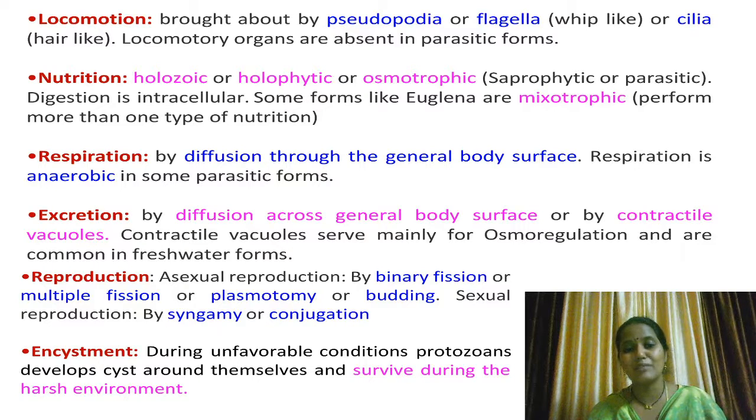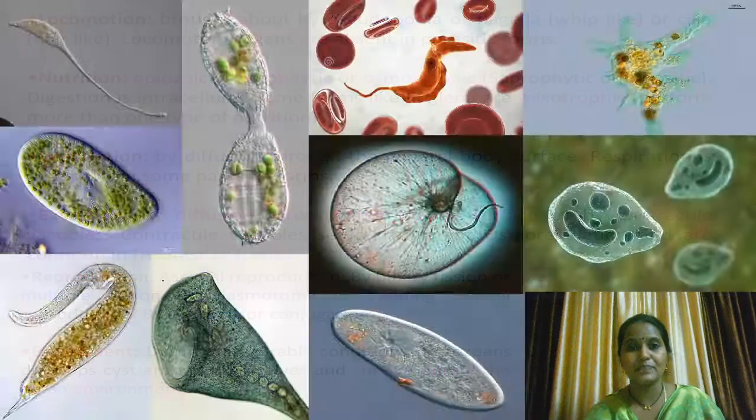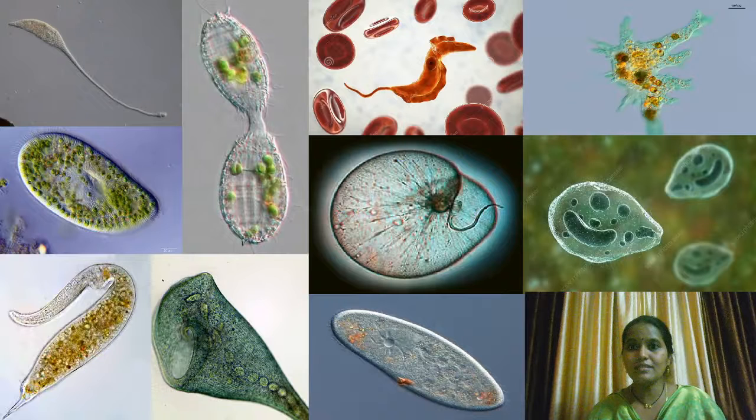When the favorable environmental conditions return, the cyst degenerates and the animal starts its life cycle once again. So this is encystment. These are some representative forms of protozoans.